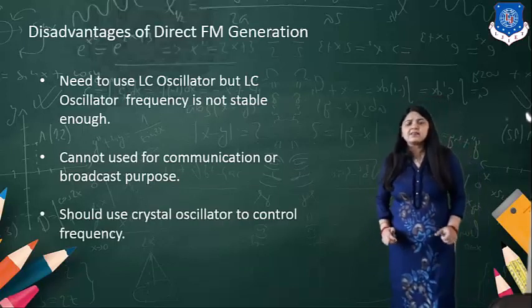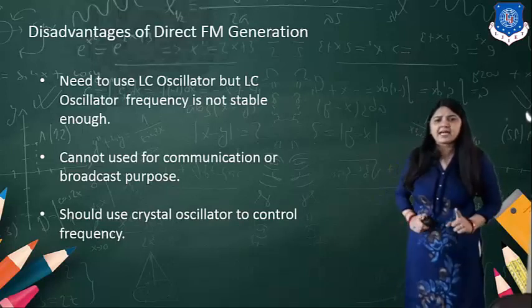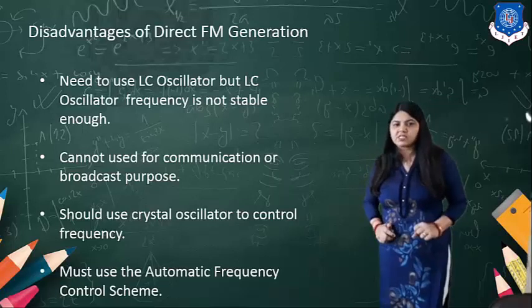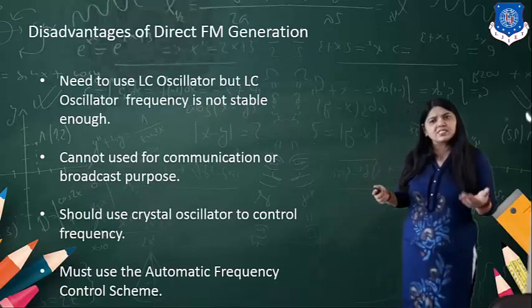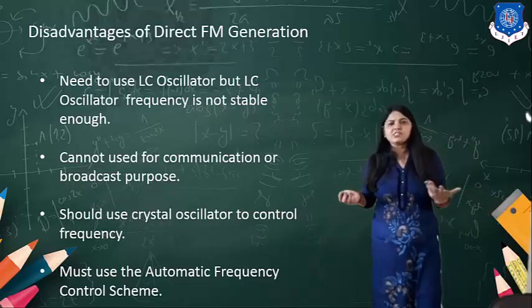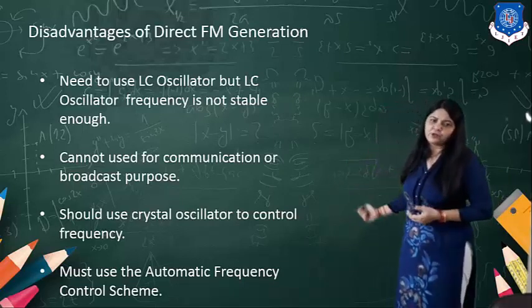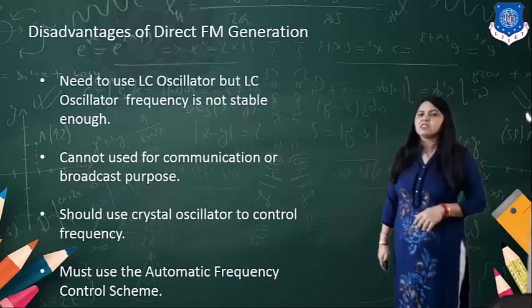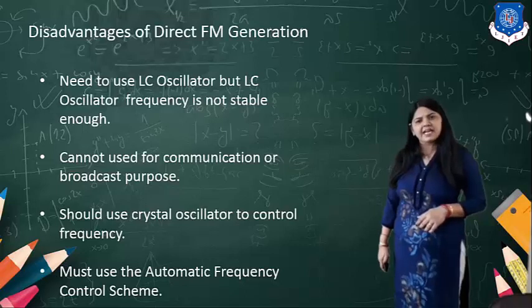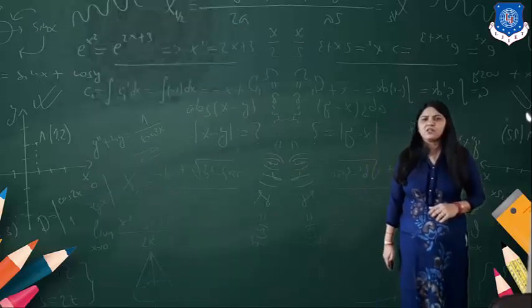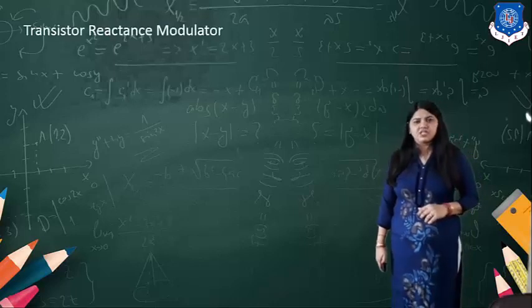The reason is we need to use a crystal oscillator to control the frequency, and after using the crystal oscillator we can use the PLL to produce an automatic frequency control scheme. So these are the various advantages as well as disadvantages of direct FM generation.